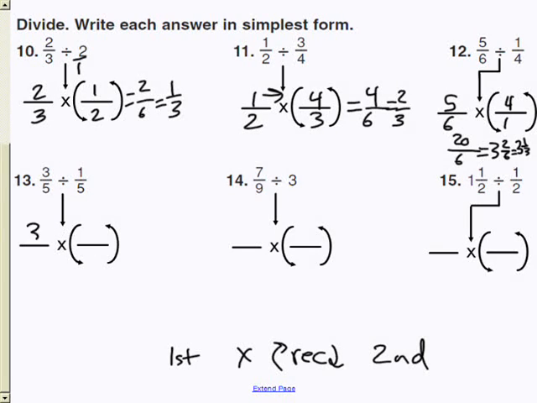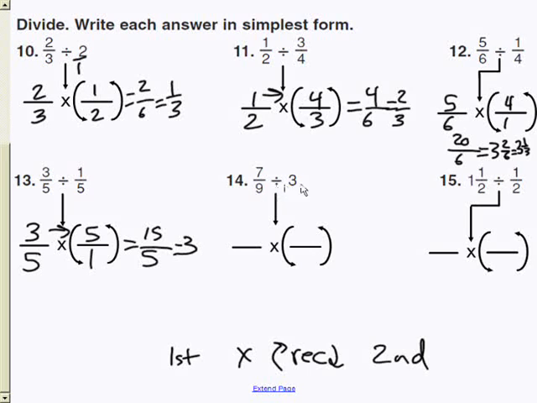The first fraction is 3/5 times, instead of divide, flip your 5 and your 1, and that's going to give you 5 over 1. Now we recognize this as a multiplication problem. 3 times 5 is 15. 5 times 1 is 5. And 5 goes into 15 3 times.